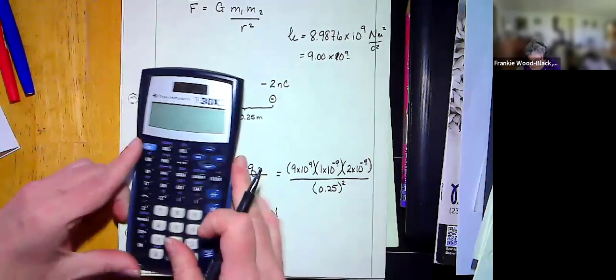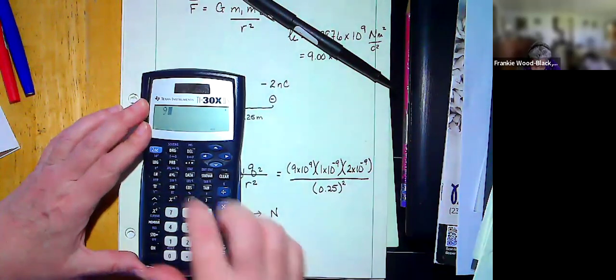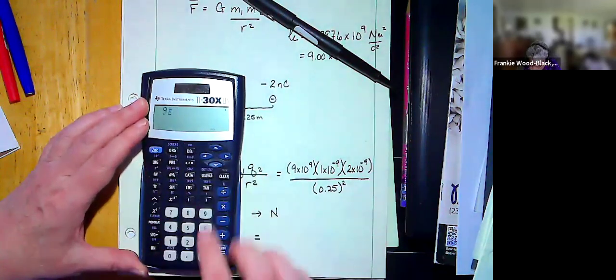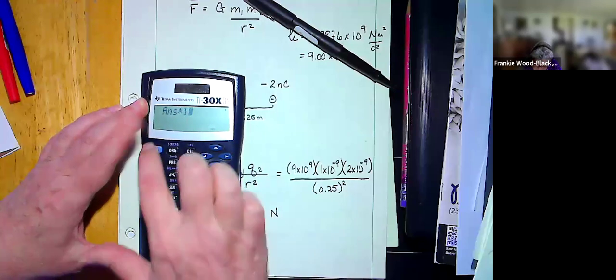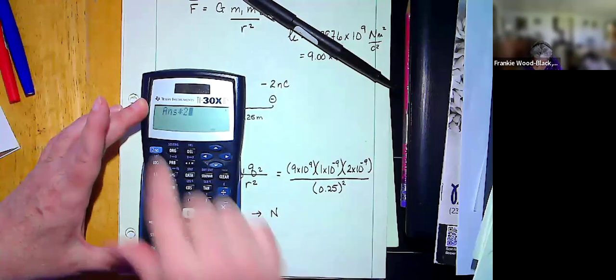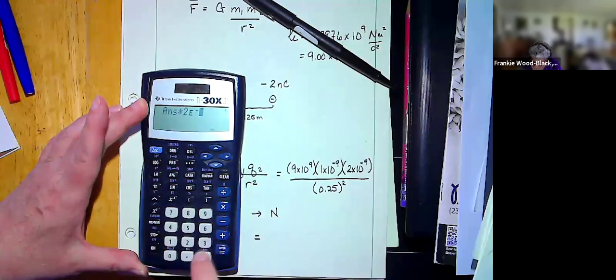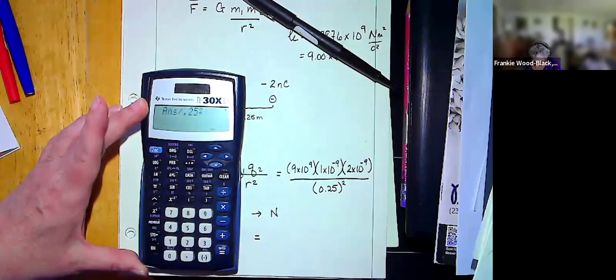So how I'm going to enter it into my calculator is as follows. I'm going to do 9, and I'm going to use my exponent to the 9th. I'm going to hit enter. I'm going to do 1, my exponent to the minus 9, enter, times 2, my exponent to the minus 9, enter, divided by 0.25 squared.